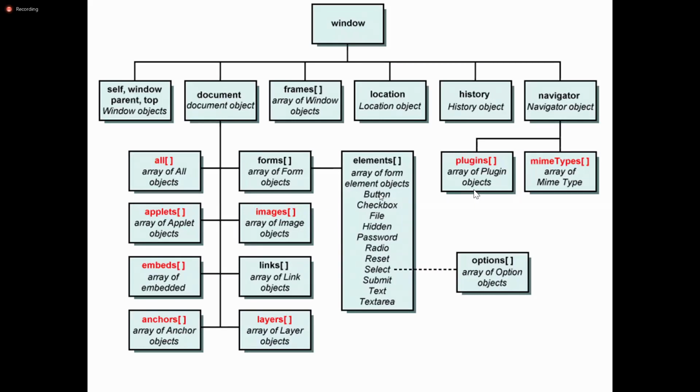In our page, how many forms are present? Have you observed in our page how many forms are present? 2 forms are present. In that, login form is at which index?